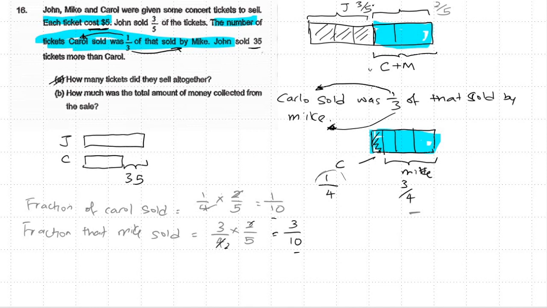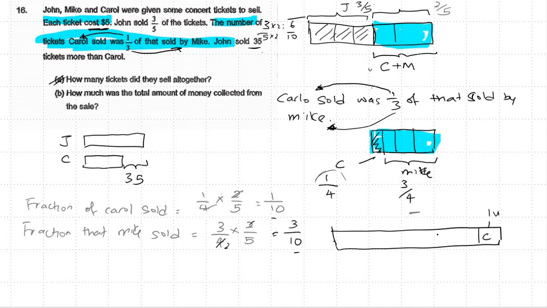John is 3/5, so converting to 10, times 2 and times 2, I will have 6/10. I can draw them all into one bar. So, total is 10. Carol's fraction is 1 unit. Mike will be 3 units.